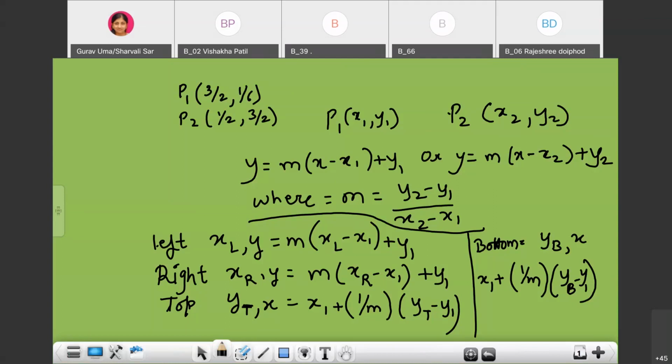First, we have to find out the points. If it is left side, then the value of x will be minus 1. If it is right side, then the value of x will be plus 1. If it is at the top, then the value of y will be 1, and if it is at the bottom, then the value of y will be minus 1.